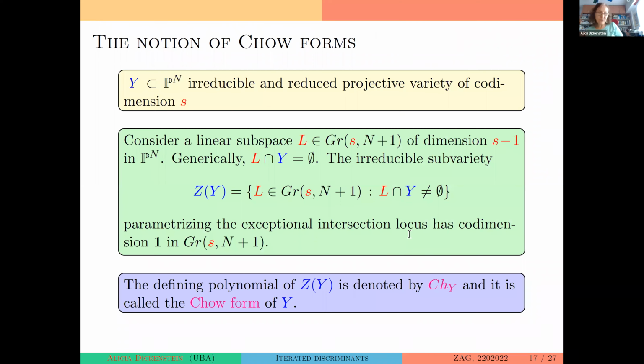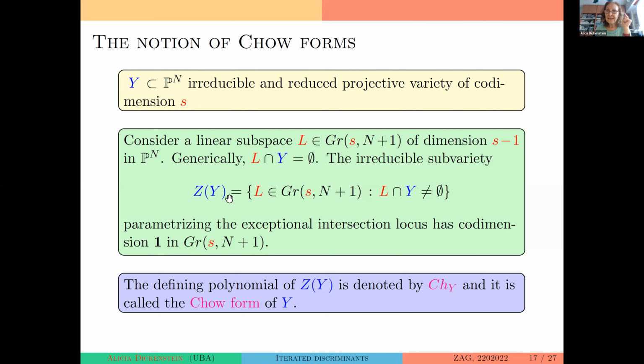I would like to recall the definition of Chow form for you for a second. If we have an irreducible and reduced projective variety Y of codimension S, then if we consider linear subspaces of projective dimension S minus 1, generically they won't intersect Y. But then we consider all those linear spaces of this dimension that do intersect.